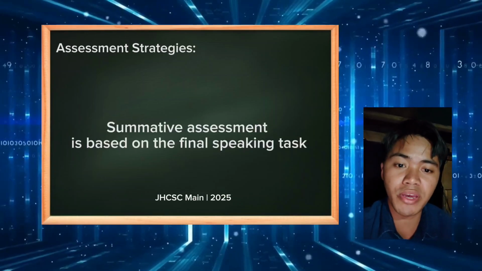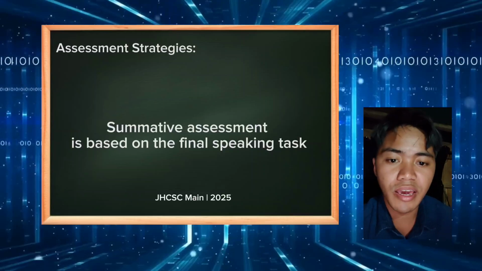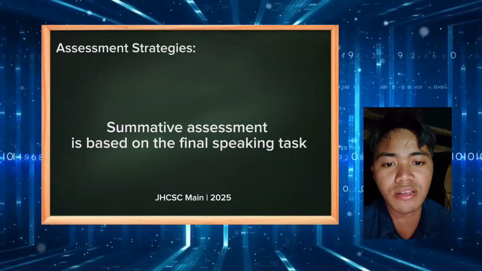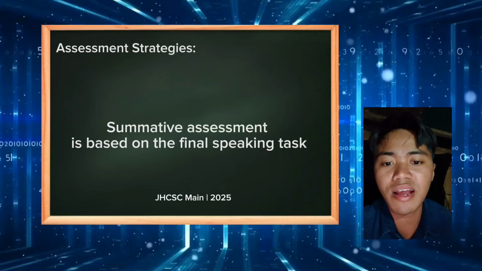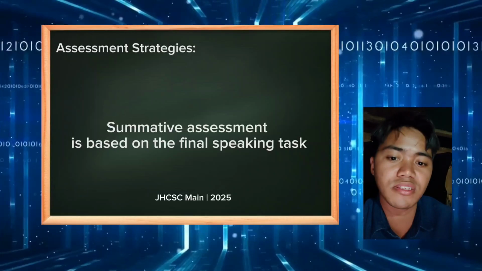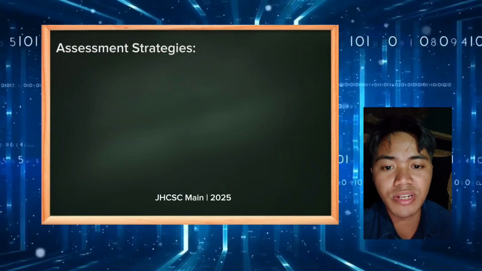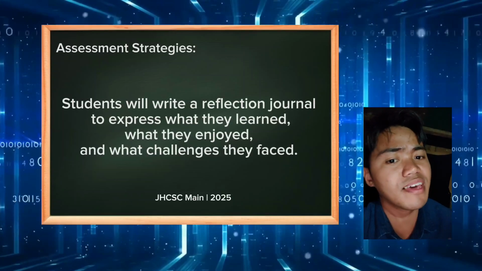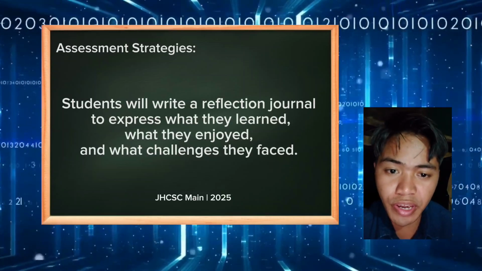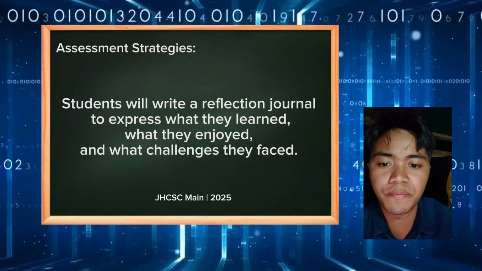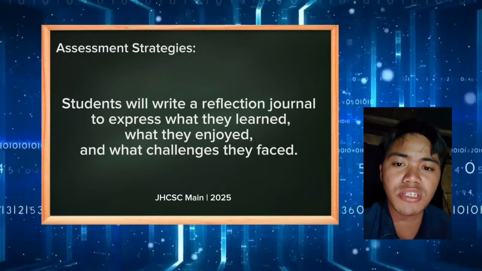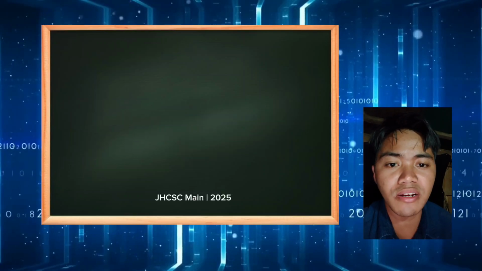Summative assessment is based on the final speaking task, a one-minute recorded dialogue assessed using a rubric that covers fluency, clarity, vocabulary, and confidence. Additionally, students will write a reflection journal to express what they learned, what they enjoyed, and what challenges they faced. We'll also encourage peer assessment to develop listening and critical thinking.